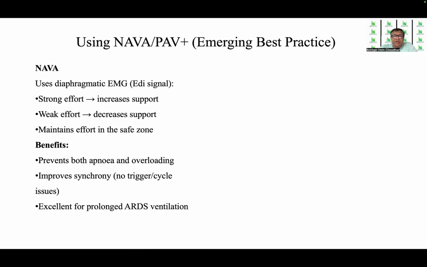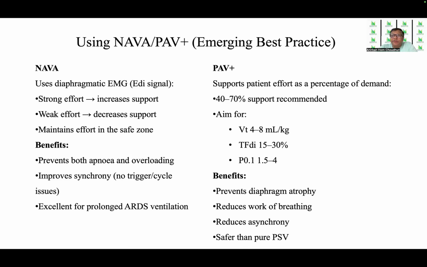for prolonged ARDS ventilation. Proportional assist ventilation supports patient effort as a percentage of demand, so 40 to 70% support is recommended, and the aim is to provide a tidal volume of 4 to 8 mL per kg, with diaphragm thickening fraction within 15 to 30% and a P0.1 of 1.5 to 4.